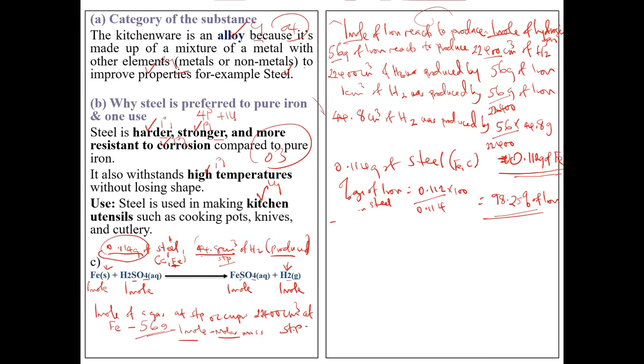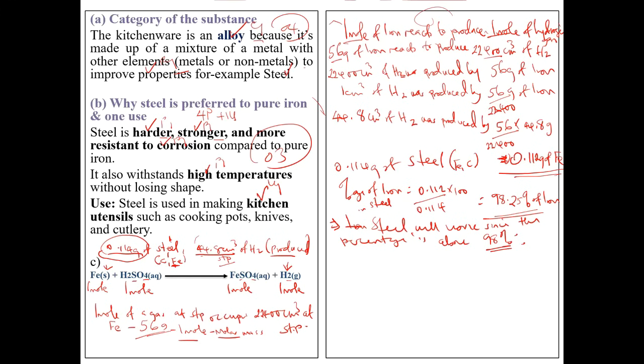So we can recommend to these people that the steel will work since the percentage is above 98%. And you get all your scores. That is how they wanted us to calculate for that item.